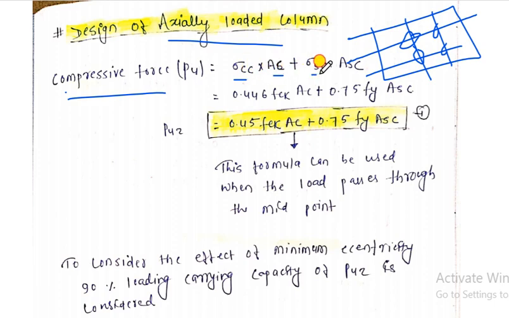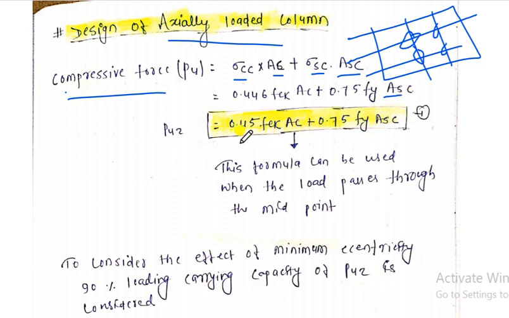As you know from the previous lectures on flexural members, the stress in concrete is 0.446 fck Ac, where Ac is the area of concrete, and 0.75 fy Asc, where Asc is the area of steel in compression.